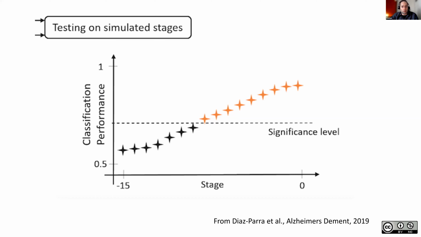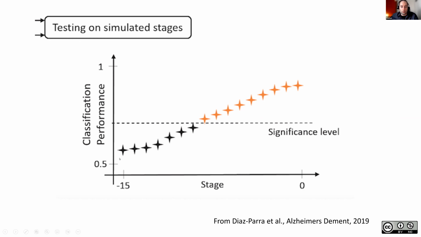And what we also did, as I said at the beginning, is we essentially applied this classification method at different stages. And as you can see here, this is what we would expect, right? We would expect that at early stages, when there's not a lot of changes, neither in the normal aging nor in the pathological aging model, the classifier will not have much of a difference in both scenarios, right?